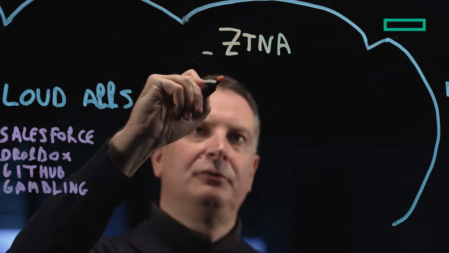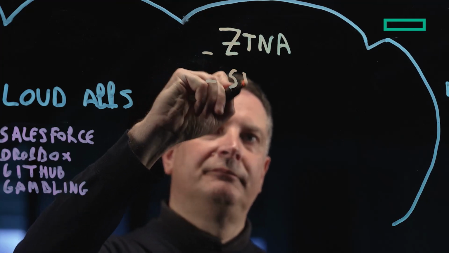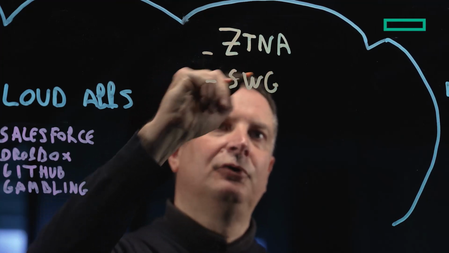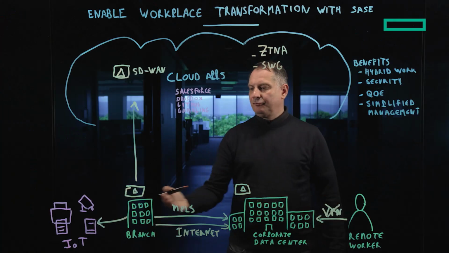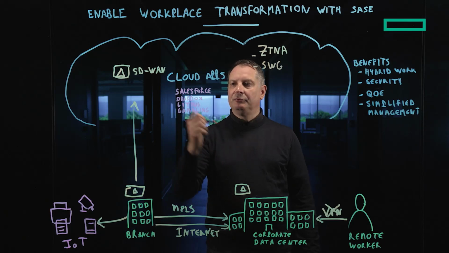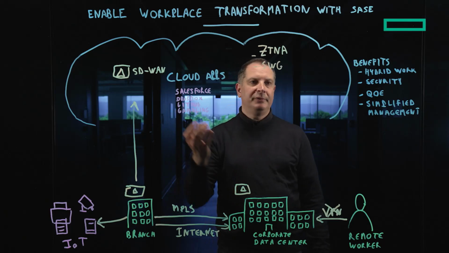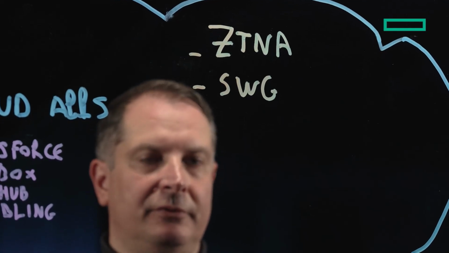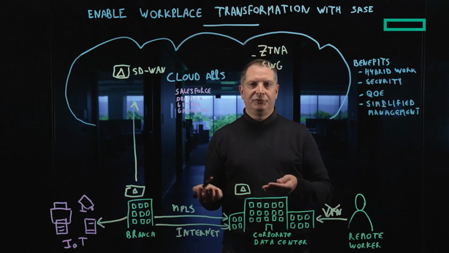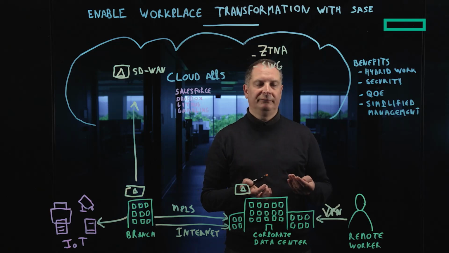The next step would be SWG, Secure Web Gateway. The fact is that this user, or this branch user, can access cloud applications such as gambling or malicious websites, and you need to protect the organization against web-based threats such as phishing and ransomware.